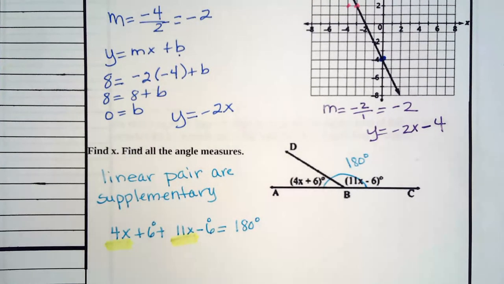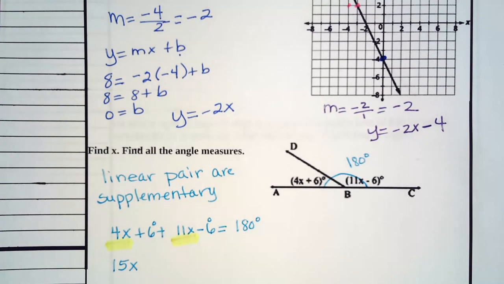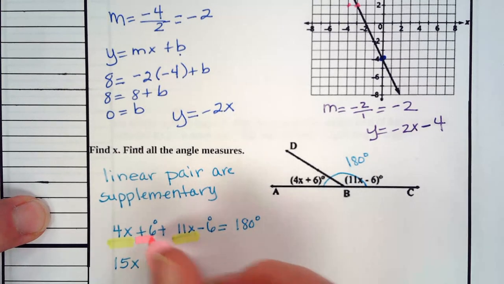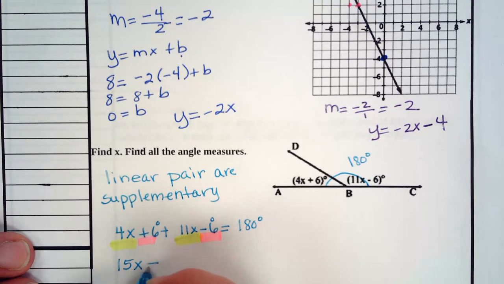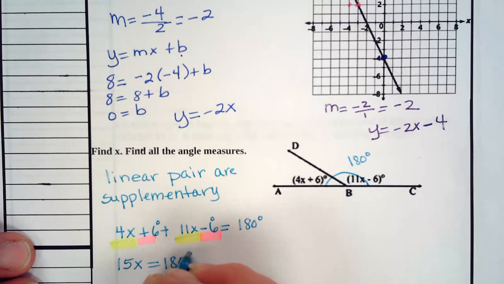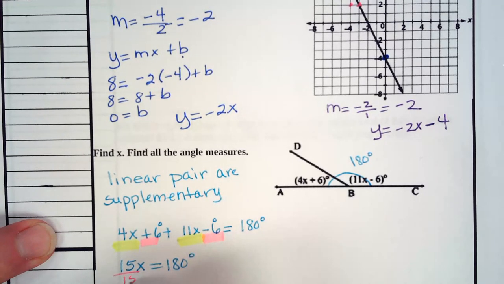That will be 15x. And I've got positive 6 plus negative 6. That's 0. So that's canceled out. And this is equal to 180 degrees. Divide both sides by 15.